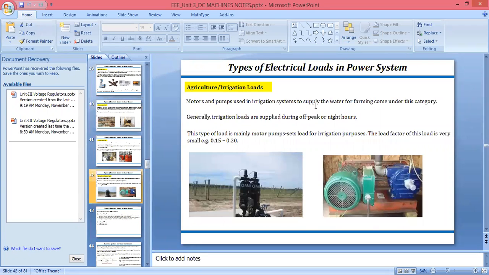Then we have seen the agriculture load. It means what? Motors and pumps that are used in the irrigation system. We can call these an agricultural load. We can use these to supply water for farming under this category.